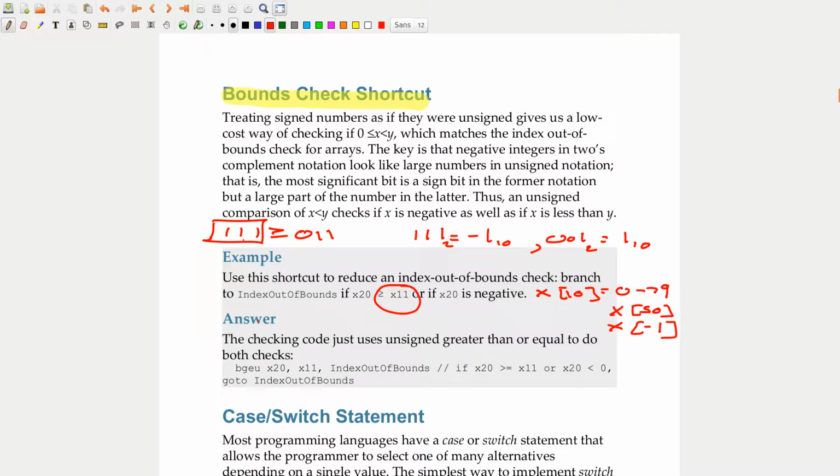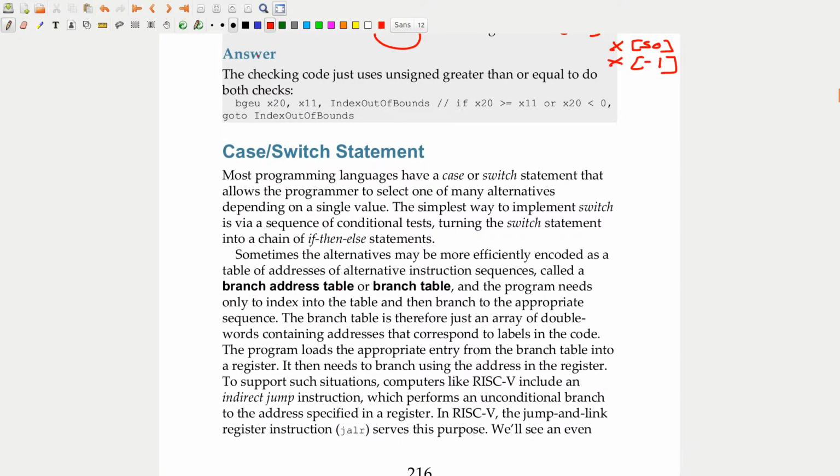That means we know that this number must be negative, because the only way, this is a sign bit, so we know it must be negative, and we also know that it's illegal. Okay, that was a little tangent, but I think it was important to understand that.